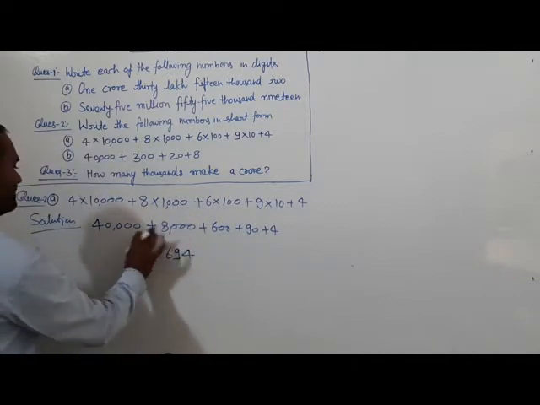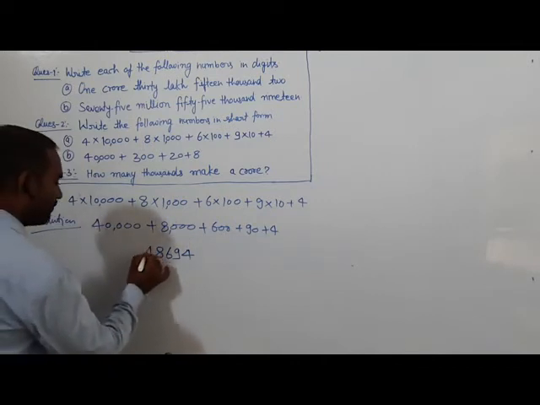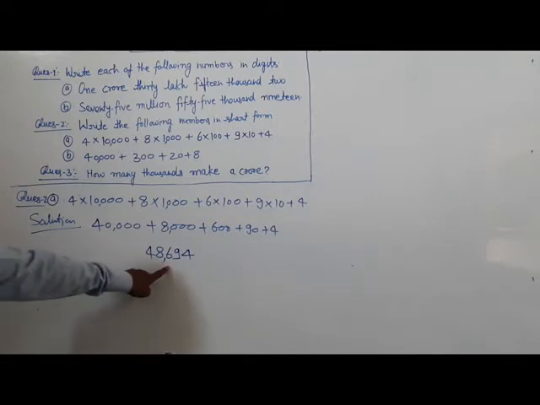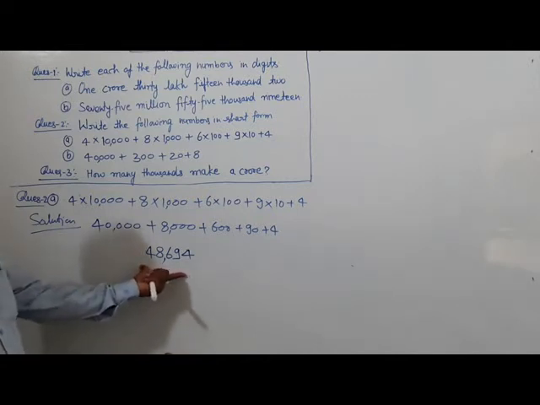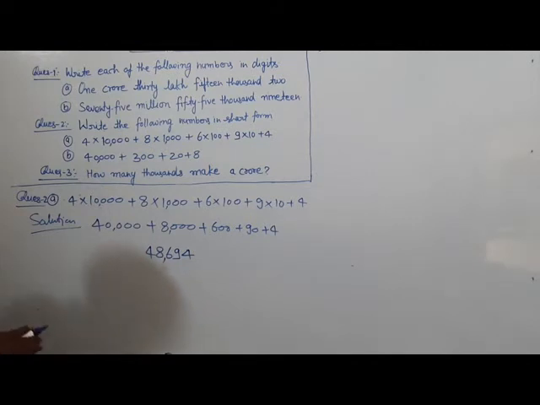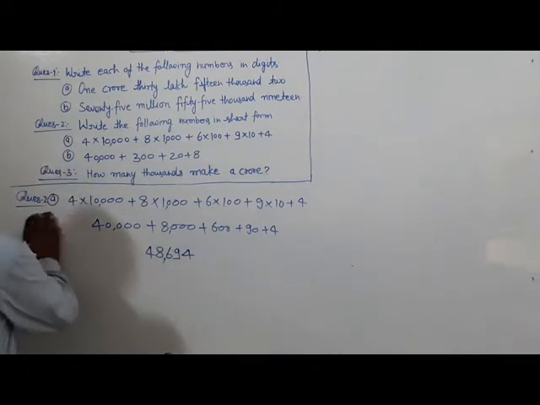The 1000 place is 8, the others are 0, so 8, and then 4. So 48,694. This is the short form of this question. This is option A.